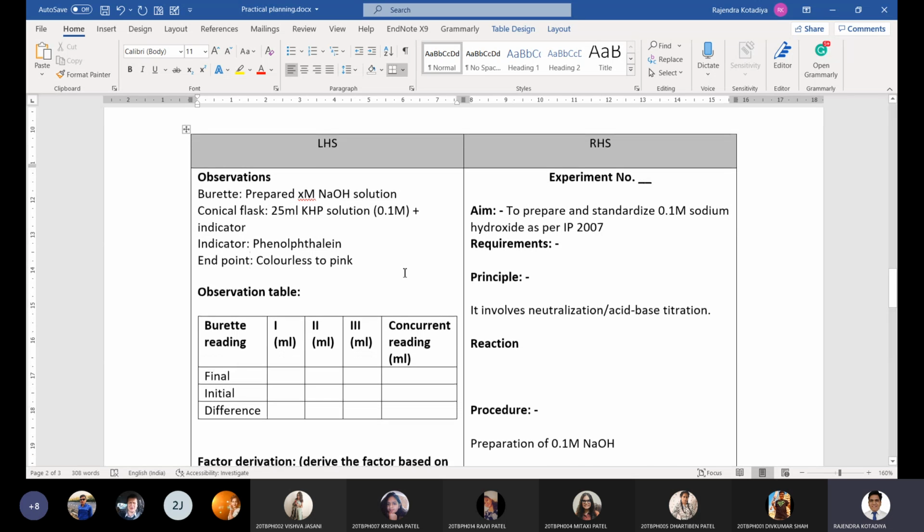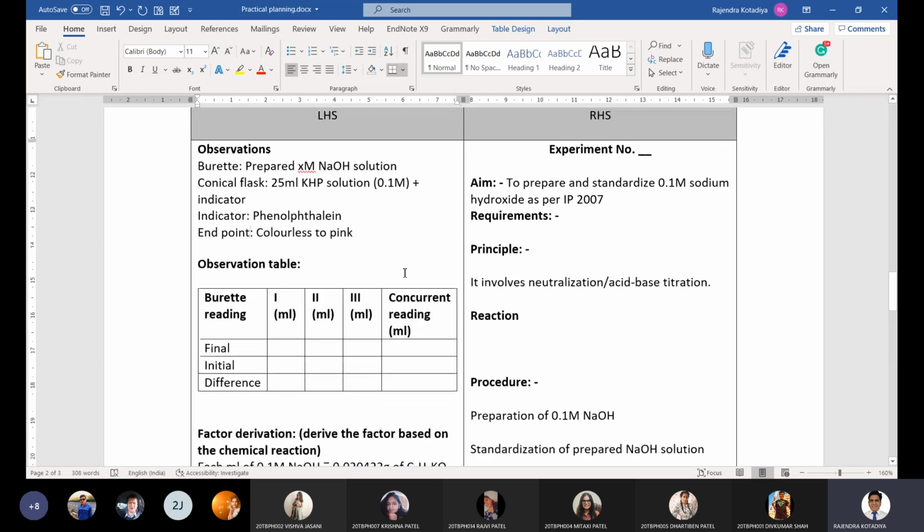Then you require an observation table. The exercise we did, you have to repeat 3 times. Every time the initial reading will be 0. For the final reading, let us say for example your answer is 25 ml, then the difference will be 25 ml.